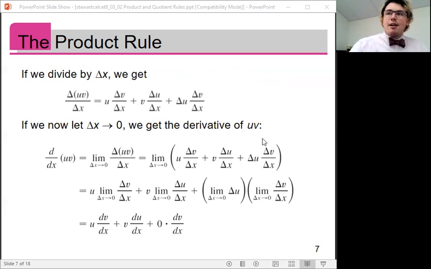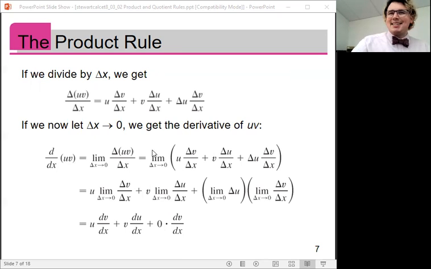Now, taking a derivative requires us to calculate a limit. So here I have my differential operator, d on dx, applied to the product u times v. And I'm going to break down that limit into the three different pieces like before. And now, well, my difference quotients are all going to become derivatives that I know how to calculate, as long as I have formulas for my different functions.